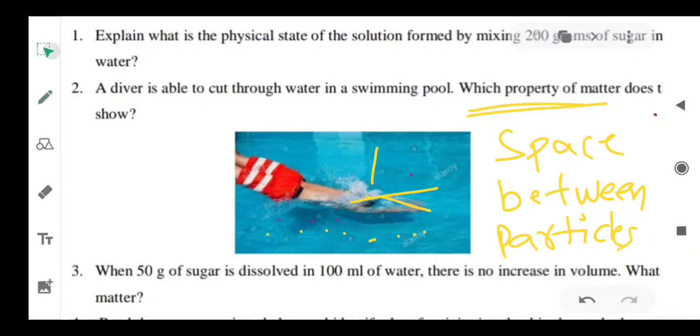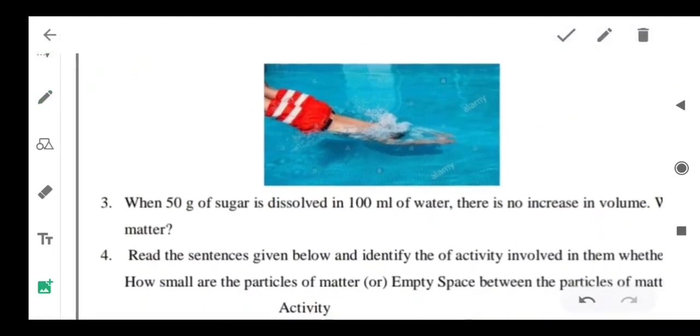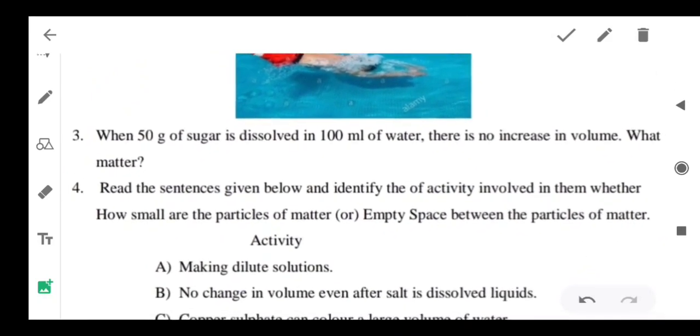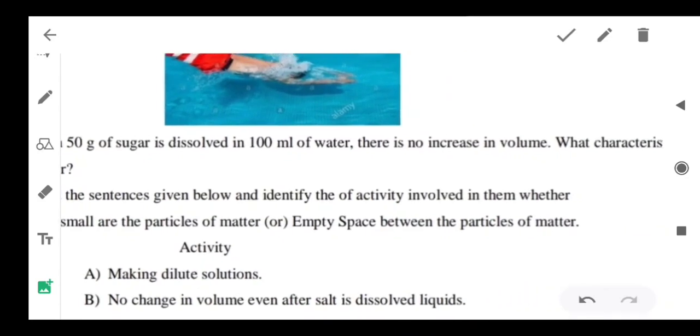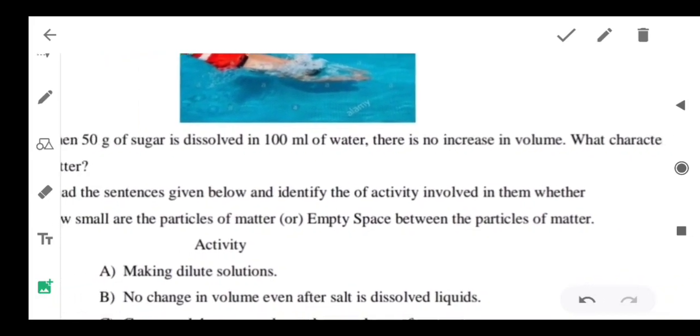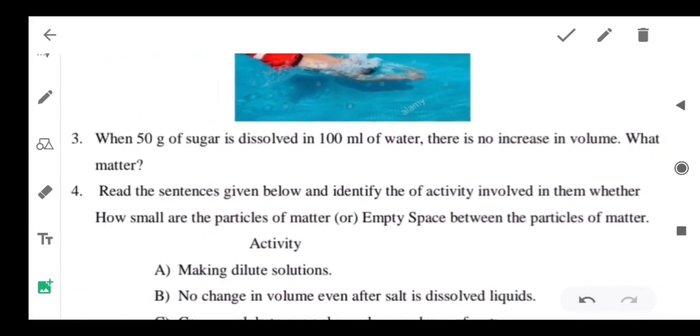Okay, next question. When 50 grams of sugar is dissolved in 100 ml of water, there is no increase in volume. What characteristic of matter? Okay, again the same thing.